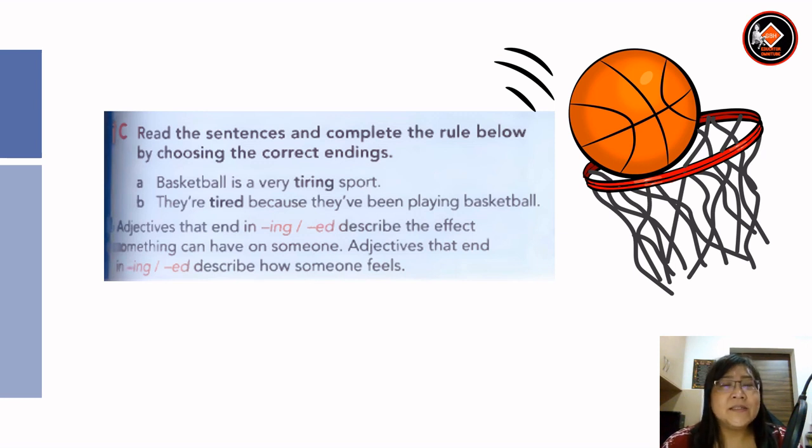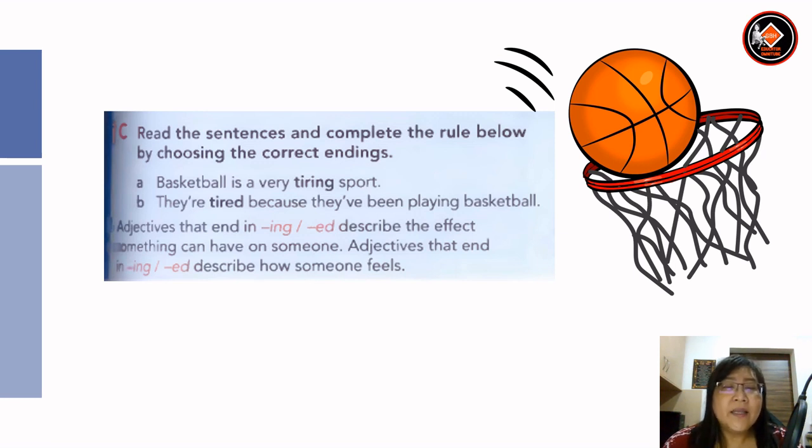For the next exercise, read the sentences and complete the rule below by choosing the correct endings. A. Basketball is a very tiring sport. B. They are tired because they have been playing basketball.